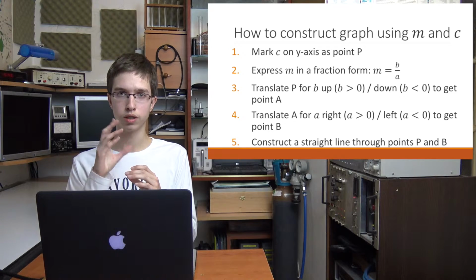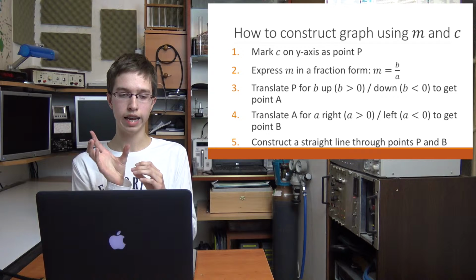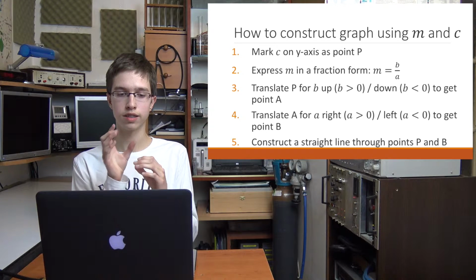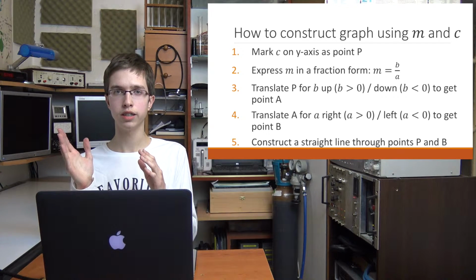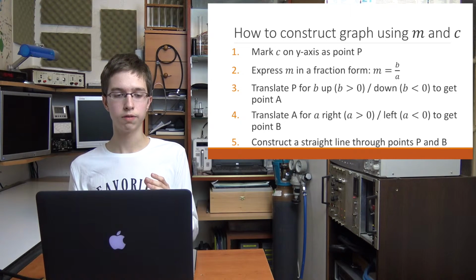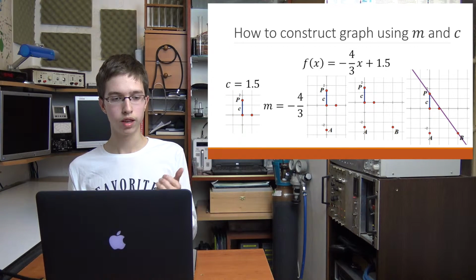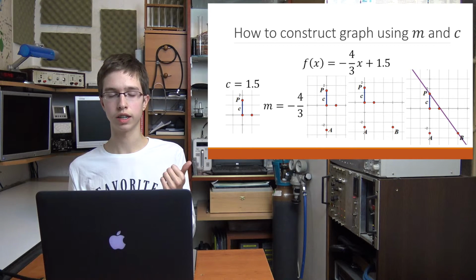If b is positive, then up, and if b is negative, then down, to get some point A. Now translate that point A by that distance a to the right, if a is greater than 0, and to the left if a is smaller than 0, to get point B. And finally construct the straight line through the points P and B. Here we have an example where c is equal to 1.5, and all of these steps we can see here.